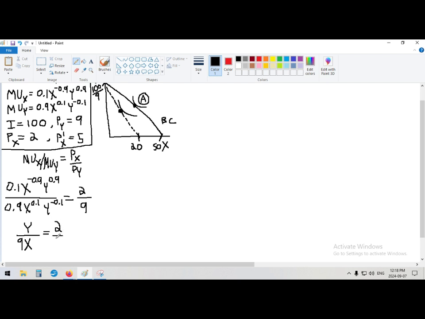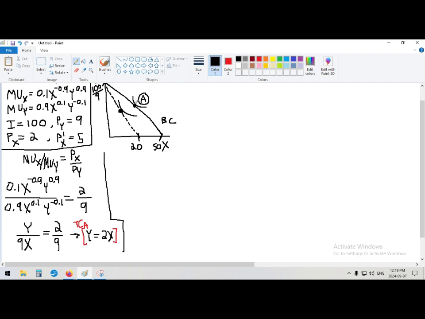And the right-hand side we'll keep the same. The 9s will cancel on each side, and we can move the X over, so what we get is Y equals 2 times X. So that's your tangency condition for the first point.